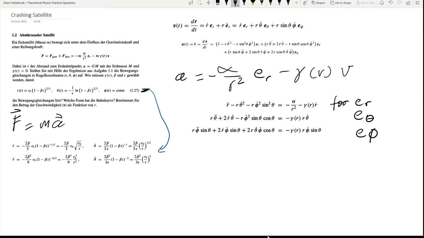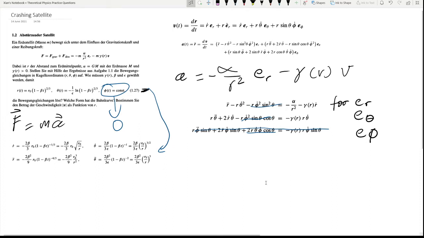Because this is constant, the differential equals 0, and we can eliminate these terms. This entire thing basically. So now we are left with these two, and from this you can basically find the equation for gamma pretty easily.